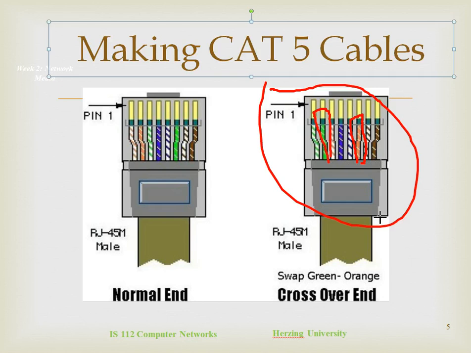When would you use a crossover cable? It's for special cases. For example, if you had two standalone PCs and you wish to connect their network cards together to form a basic peer-to-peer network, you would need to use a crossover end. In this example, you do not need a switch or hub to connect the two devices together.